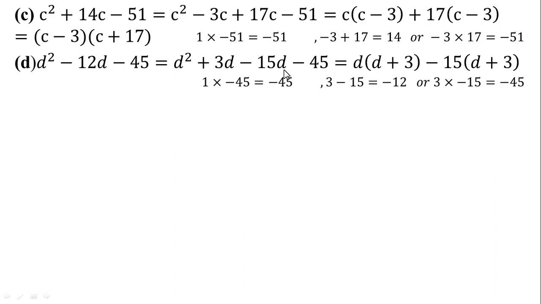Here both terms are divisible by 15, so minus 15 is common, minus 15 into d plus 3. Here d plus 3 is common in both terms. So the answer of D part is d plus 3 into d minus 15.